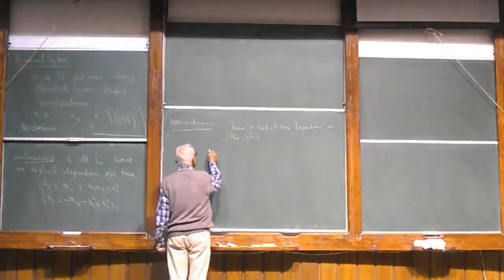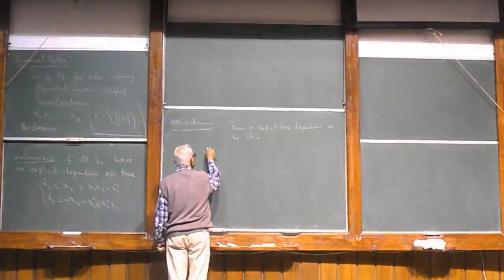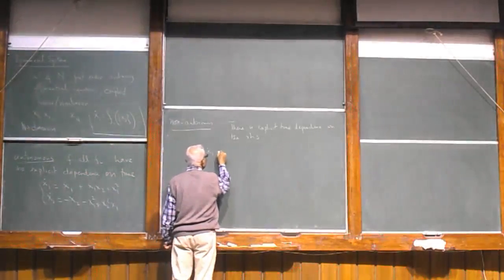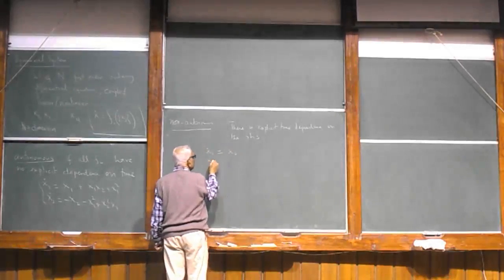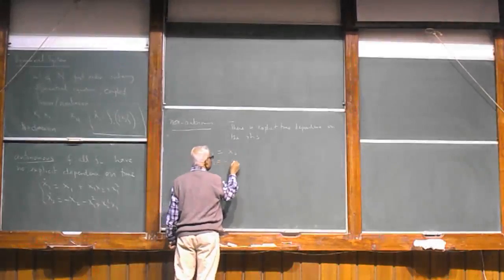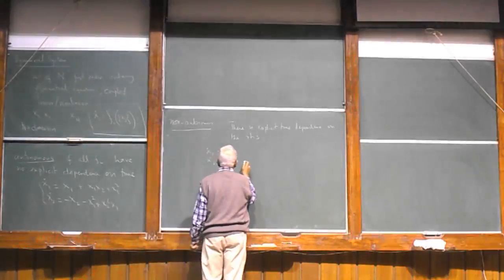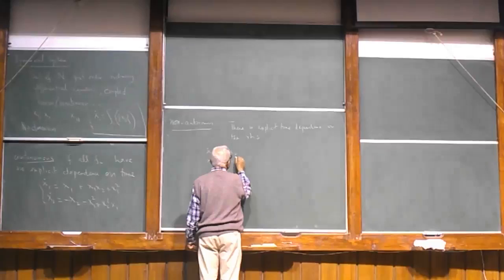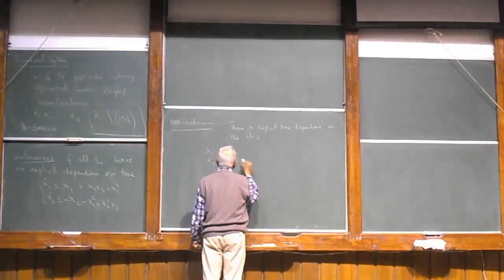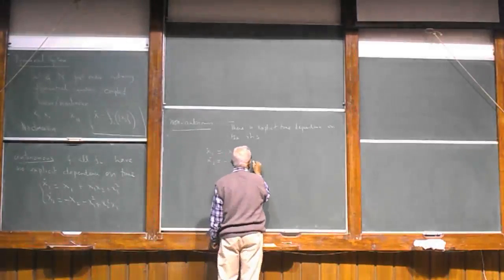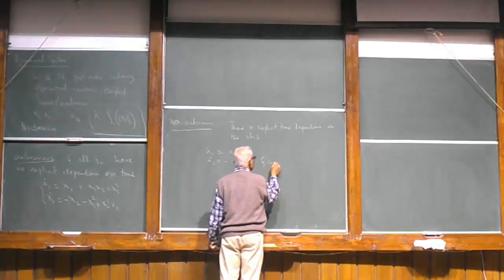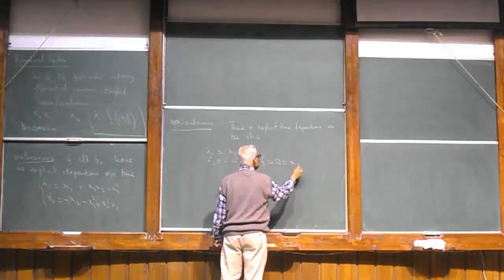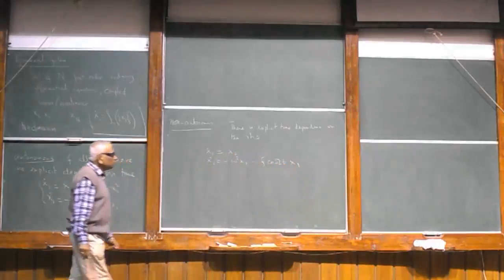So for example, if you write x1 dot equal to x2, and x2 dot equal to minus omega squared x1 minus f cos omega t x1, then you have a non-autonomous system.